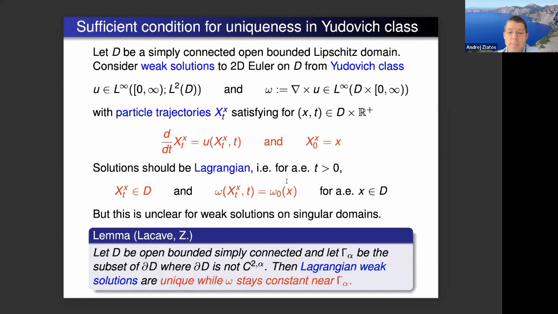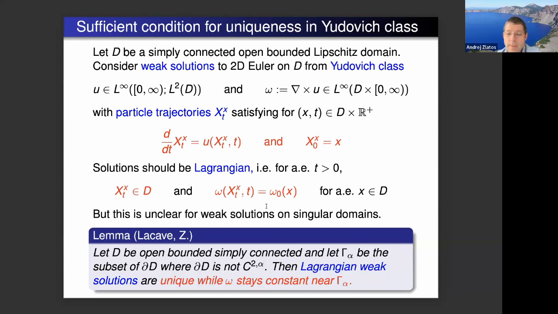If this happens for almost all x, and in particular this includes the requirement that the particle trajectory for almost all points x stays inside the domain up to time t, and of course that's for all time, so up to time infinity if we want to go all the way to time infinity.